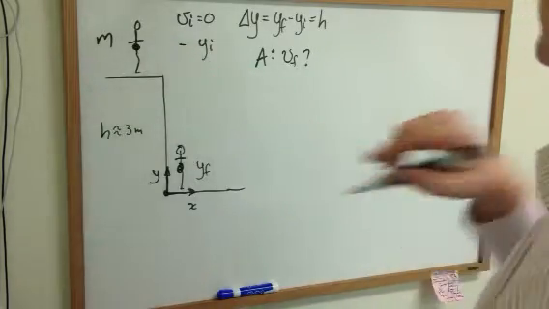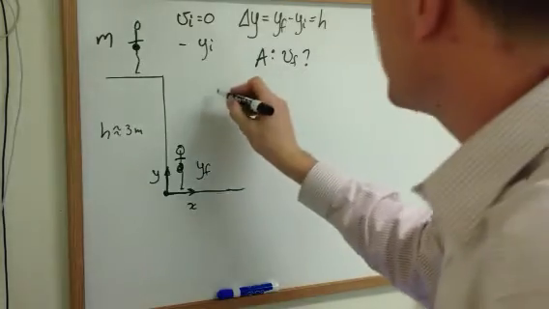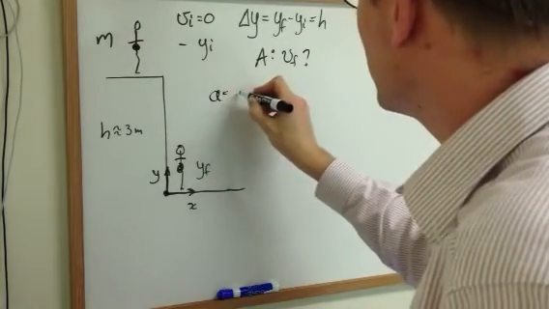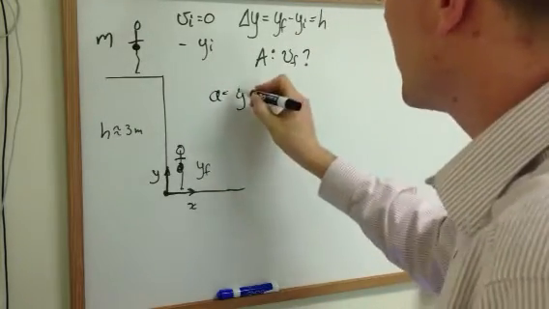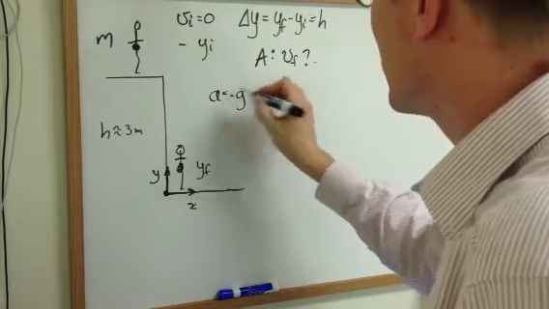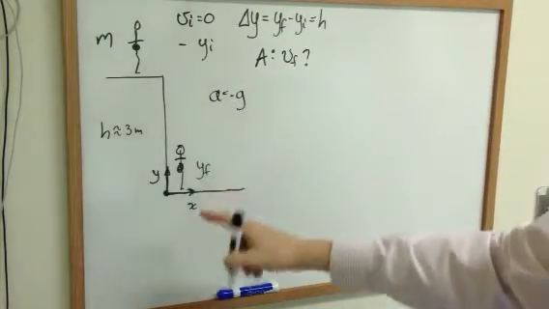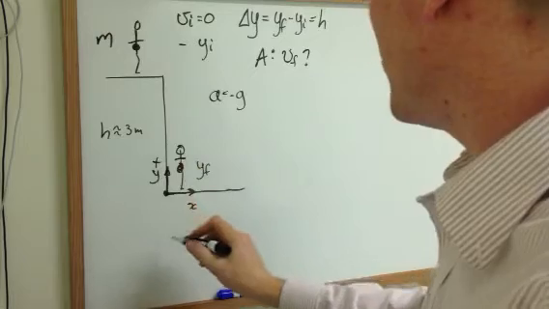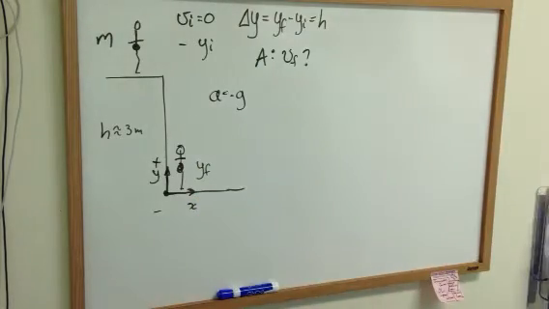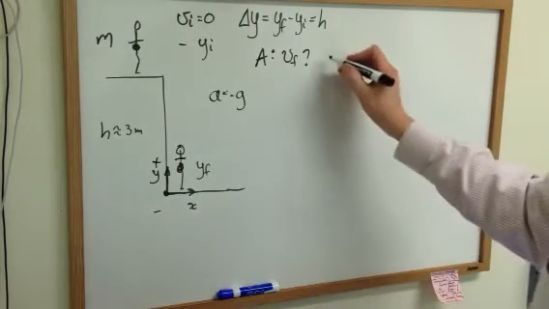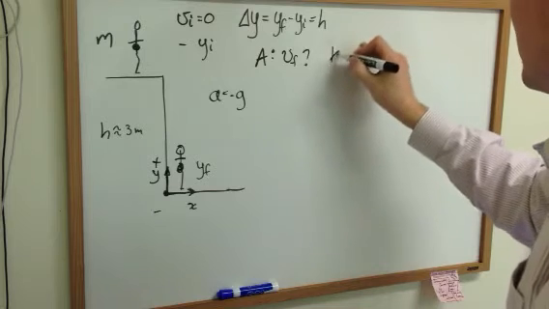So his initial velocity is 0, and we know his acceleration. Acceleration is acceleration due to gravity downwards. Downwards will be signified by a negative if we consider up positive. So we can use a kinematic equation.